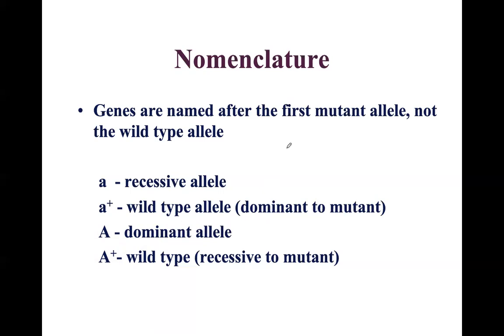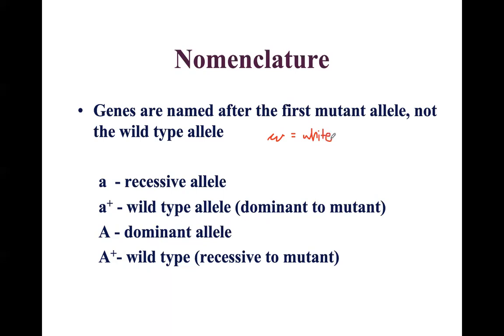But you can find mutants with white eyes. So the mutant always establishes your symbol. So let's say we're looking at red eyes versus white eyes. And so this is what we would do. We would write W, and that would mean that the fly has white eyes.